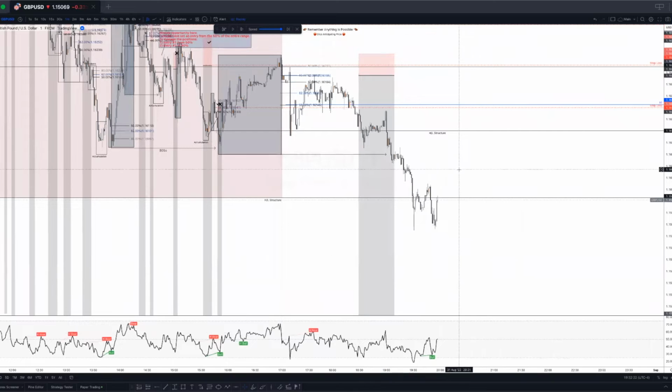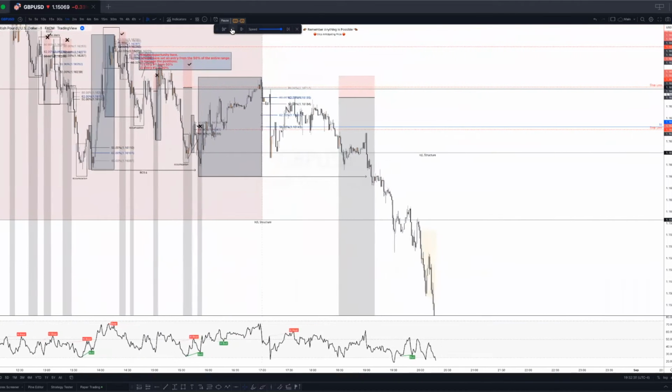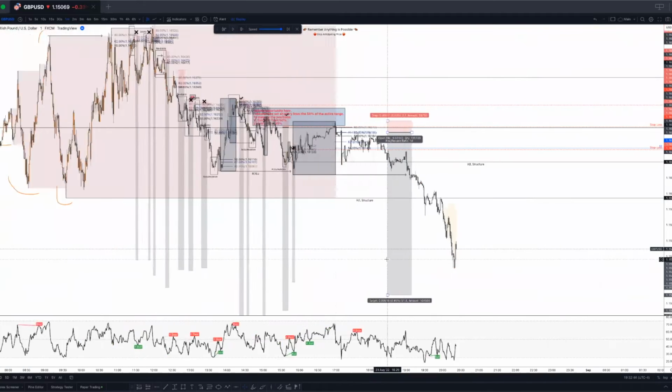Run it down. And this here as well. This entire range. This range wasn't broken until here, so it's all sloppy price action. All right, so now we're in Asia, and I don't know if it's gonna come back.